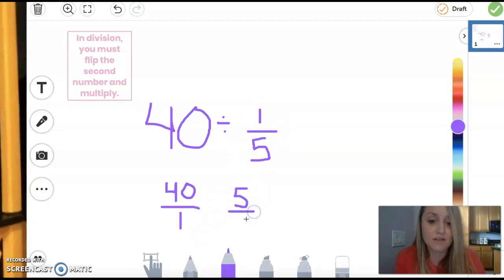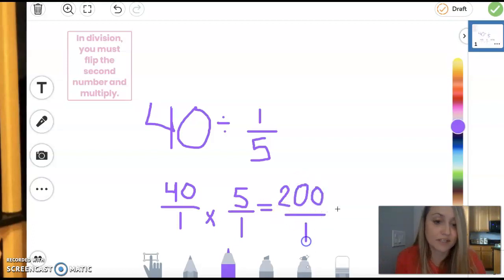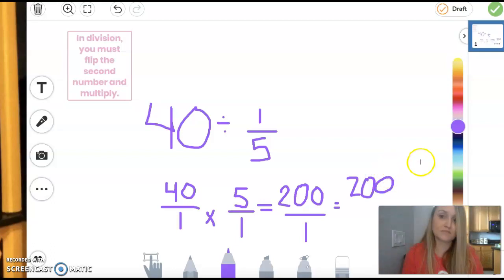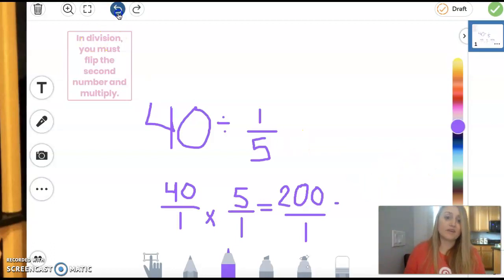So here, 40 times 5. Remember our trick: if you do 5 times 4, it's 20, and then you have a 1, 0. So your answer would be 200.